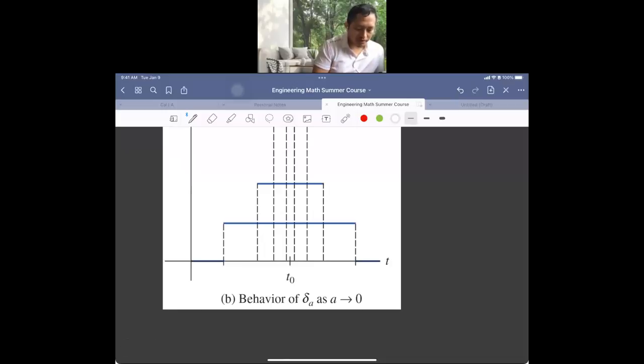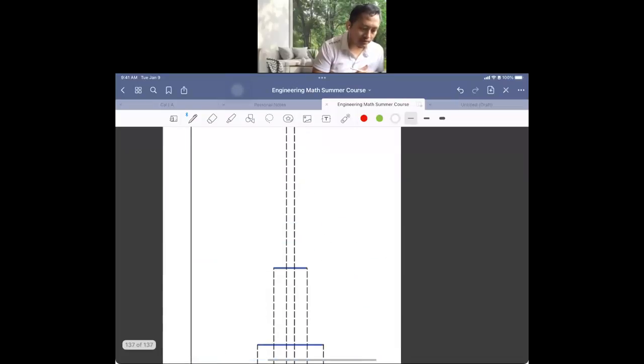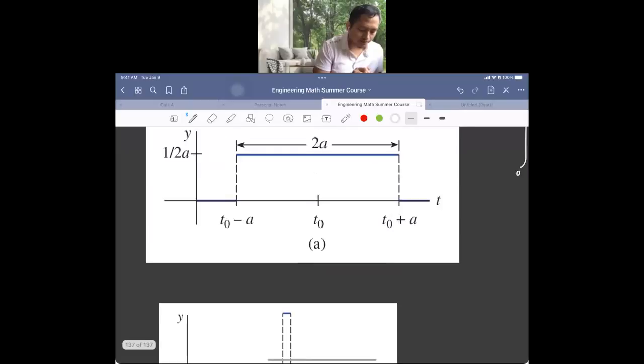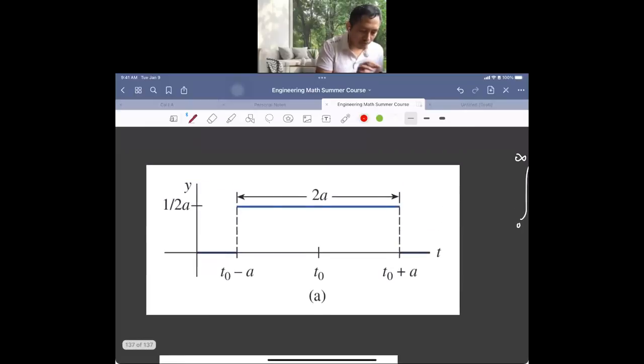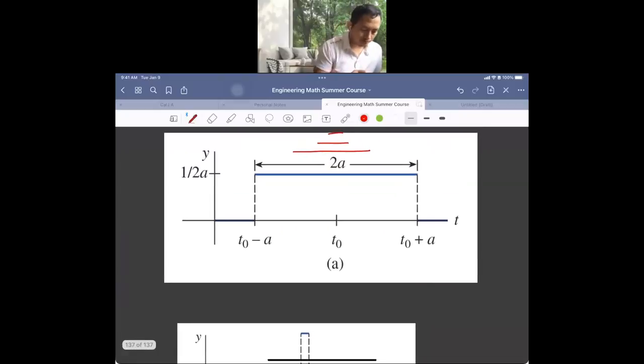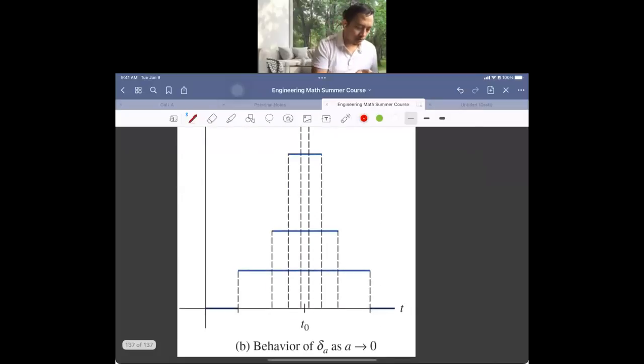What is going on here is when we take a getting to 0, a is this unit here in between of t0 to the rectangle side. As a is getting smaller and smaller, notice that it has height of 1 over 2a. So when a is getting smaller, the height is getting higher.